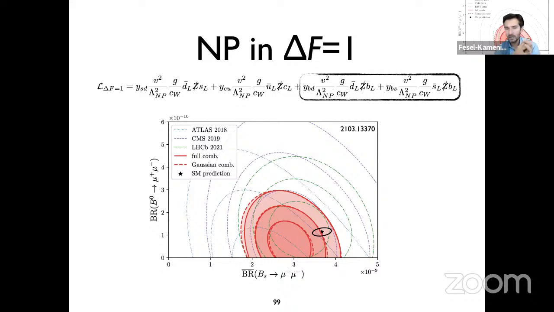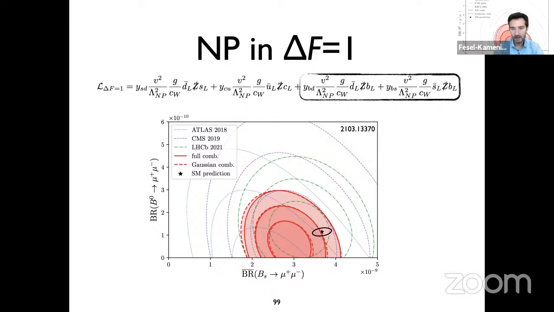Similar constraints can be put looking at rare leptonic neutral B decays, so B sub s and B sub d decays. These have been observed by experiments at the LHC. In particular, the most precise measurement of B sub s to mu plus mu minus has been performed by LHCb, but there are also complementary measurements being done by CMS and ATLAS.